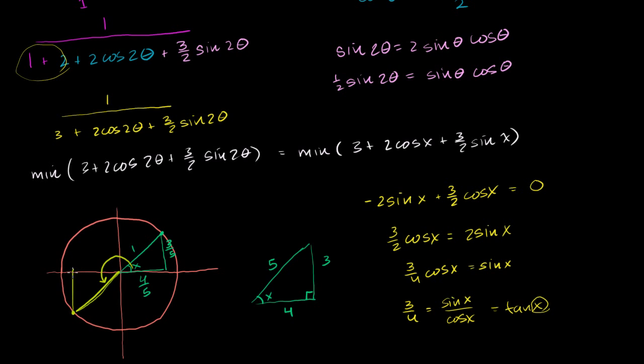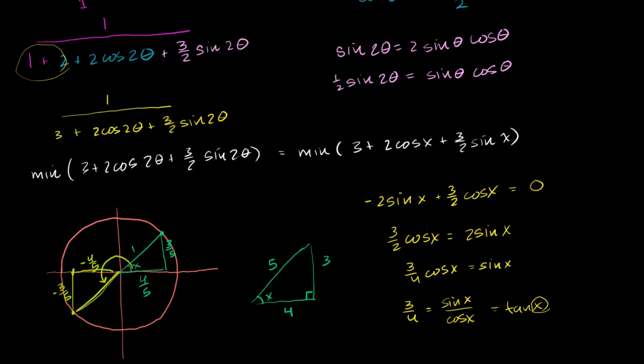So over here, the x coordinate, or the cosine, is going to be negative 4/5, and the sine value, or the y value here, is going to be negative 3/5. And this will give us a minimum point, because here both the sine and the cosine are negative.